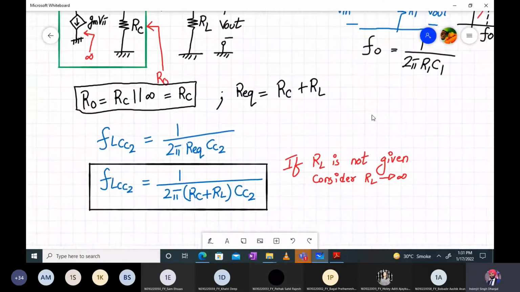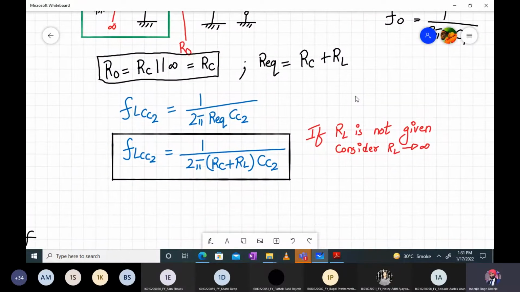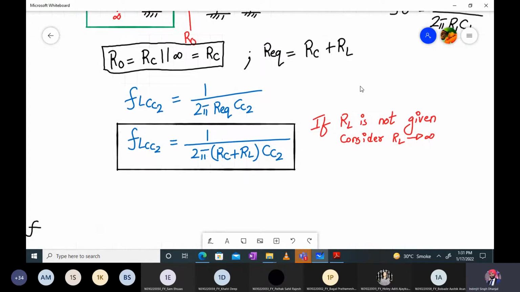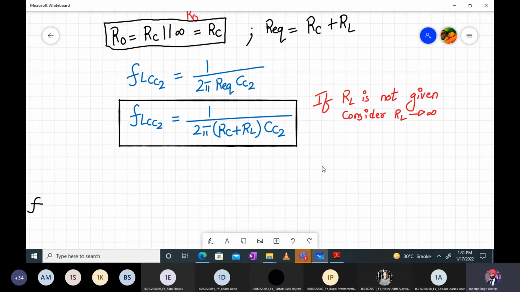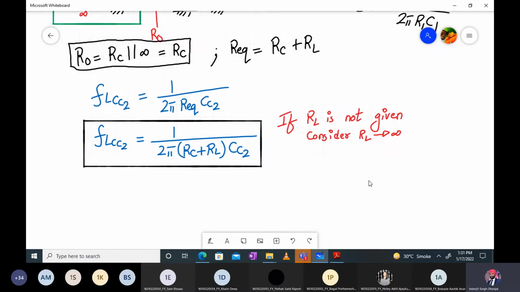So we calculated FL of CC2, which was 1 upon 2 pi R equivalent into CC2, and R equivalent was RC plus RL, so FL is 1 upon 2 pi into RC plus RL into CC2, right? And if RL is not given, we can consider RL to be 0 actually, not infinite.